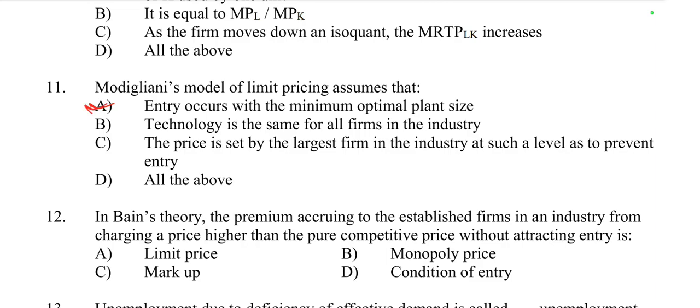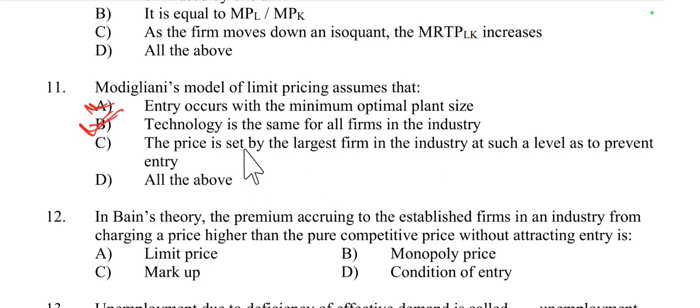So option A is correct. Then option B, technology is the same for all the firms in the industry. This is also right, because the model assumes uniform technology among firms, meaning all firms have access to the same production technology. So option B is right.